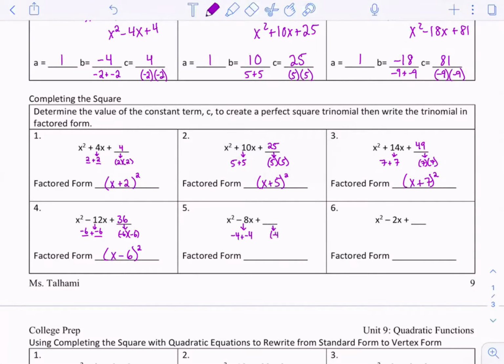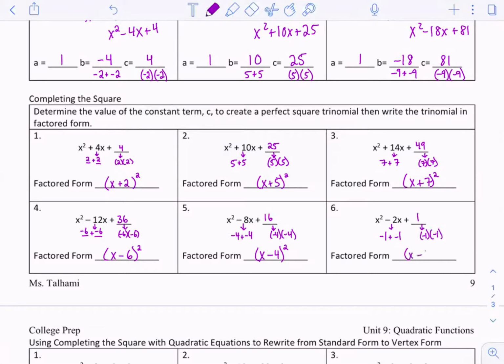So negative 4 times negative 4 is a positive 16. So this last c term will always be positive in a perfect square trinomial. And that number was negative 4. And here, negative 1 plus negative 1. So negative 1 times negative 1 is a positive 1.